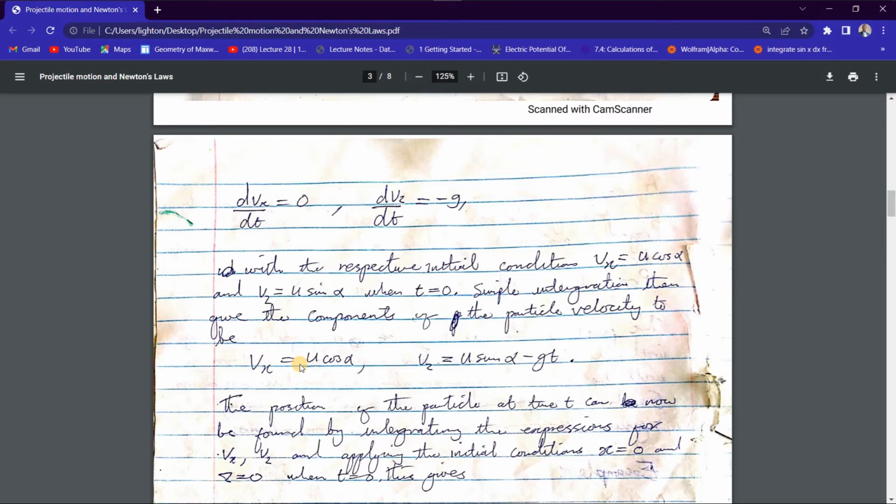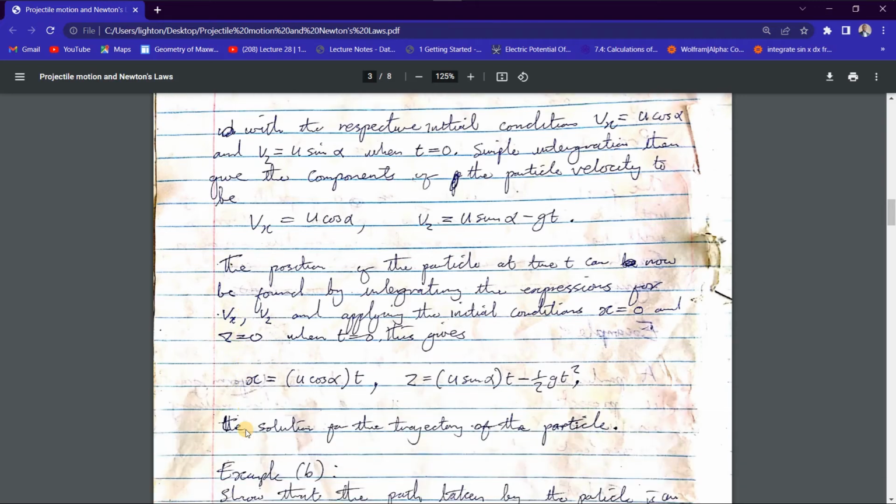We're going to get this part and this part. So when you integrate this by using this initial condition, you get this. You integrate this by using this initial condition, you get this as an expression.